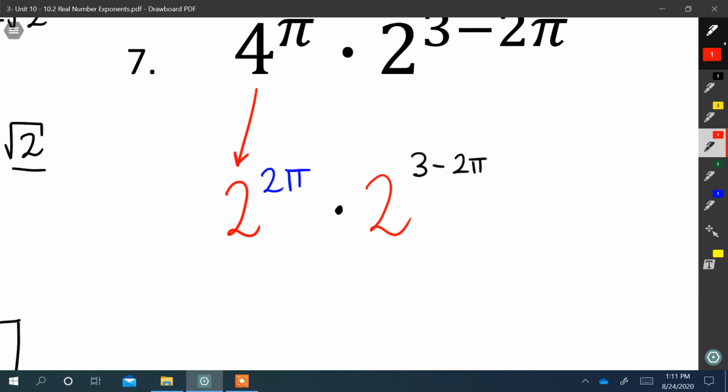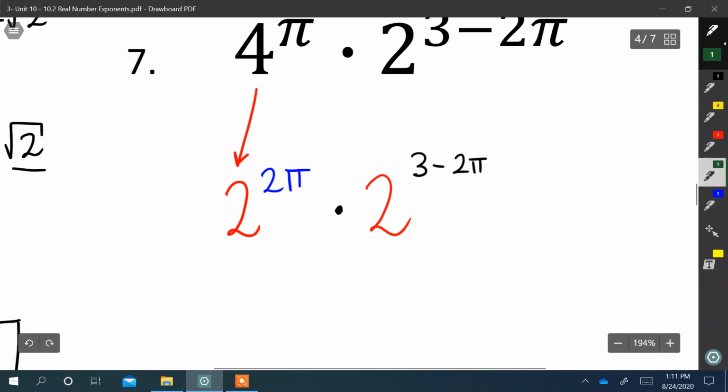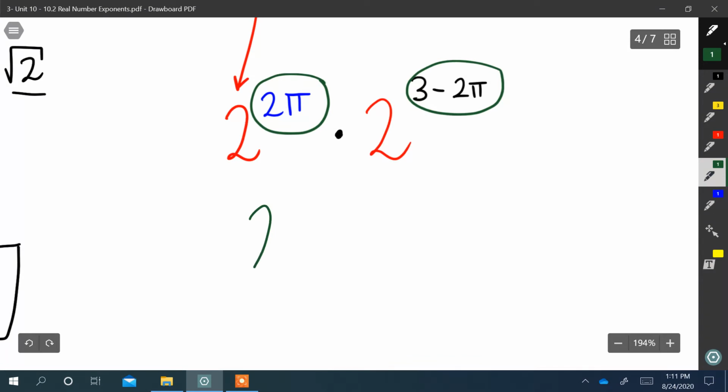Since we have the same base, guys, this allows us to add this one plus this one there. So I'm going to get 2 pi plus 3 minus 2 pi.